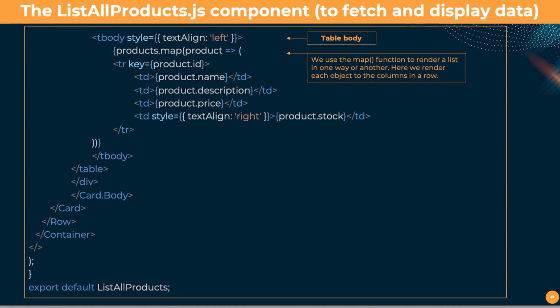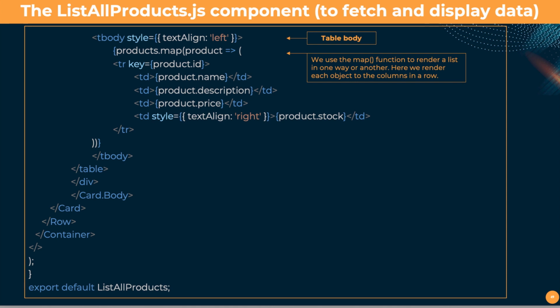When we're rendering a list, we should have a key, and in this case we set the key to be the ID of the product. So we're saying go to the products and take each one, and we've called each one product, but you could change that name. And we've said give me the product ID, the product name, the product description, and the product price, and give me the product stock level.